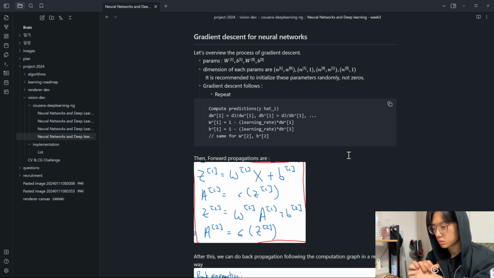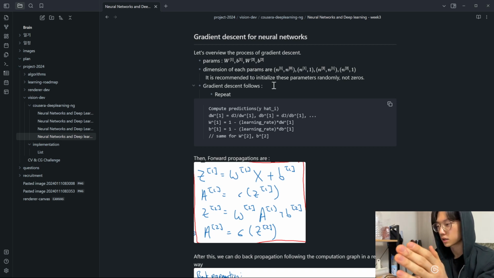In this case, we need to backpropagate further, from the activation function to the previous layer's g and also alpha.